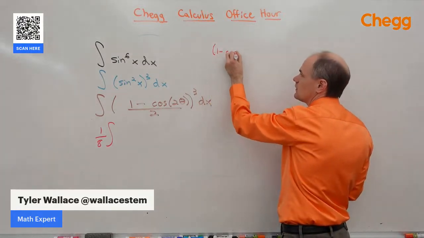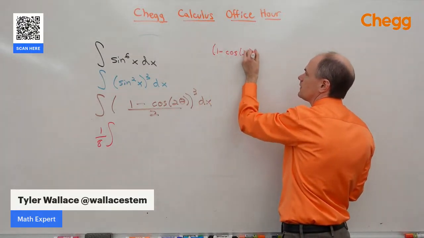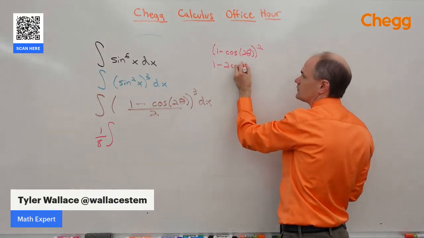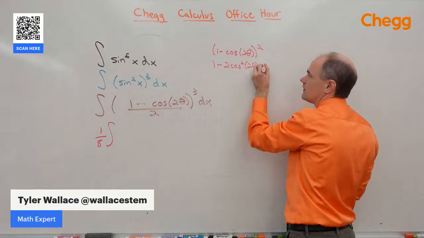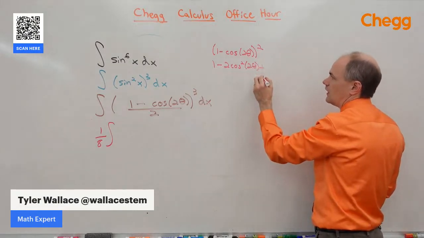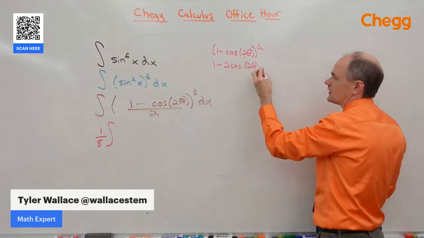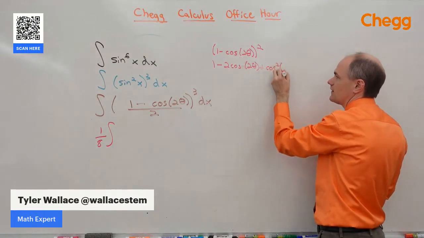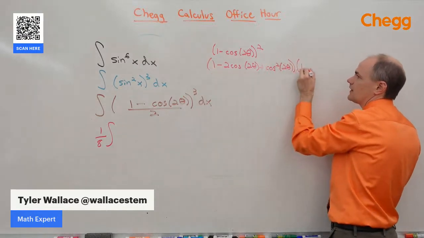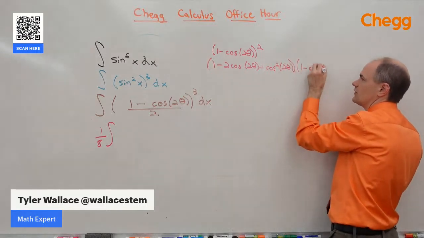1 minus cosine 2 theta, squared, I know is going to be 1 minus 2 cosine 2 theta plus cosine squared of 2 theta. And then that's going to have to be multiplied by another 1 minus cosine 2 theta.